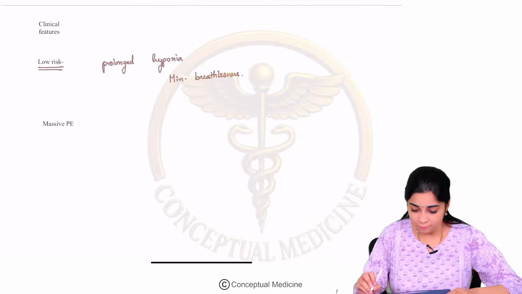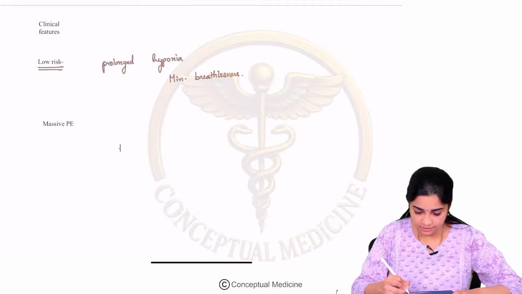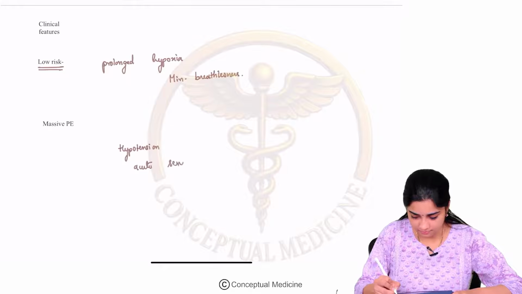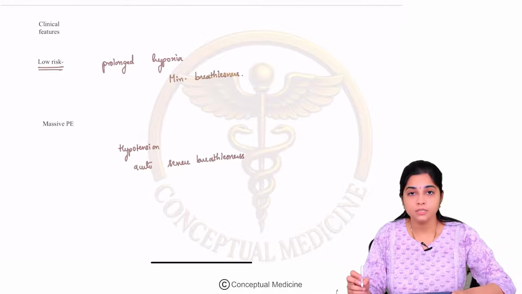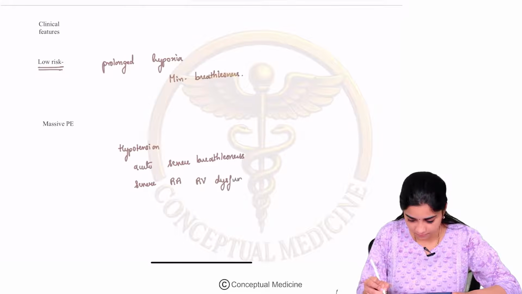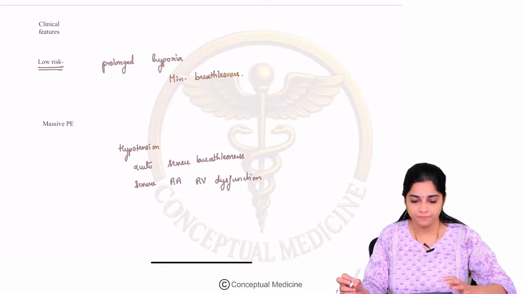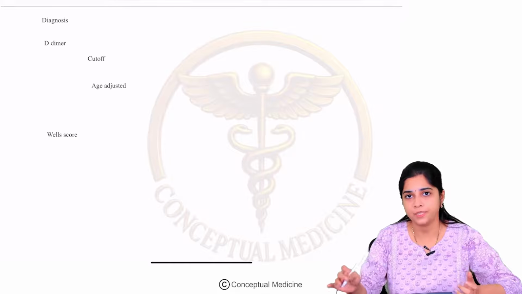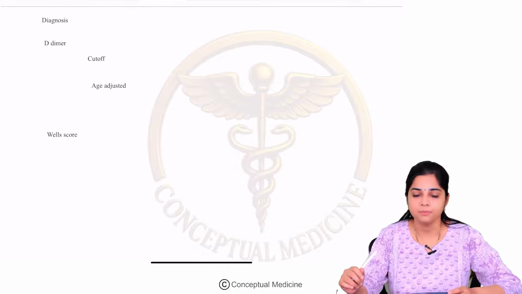Massive PTE, on the other hand, presents with hypotension, acute severe breathlessness and severe RA-RV dysfunction. Okay, clear. Now let us look at what are the various means by which we can diagnose a pulmonary thromboembolism.